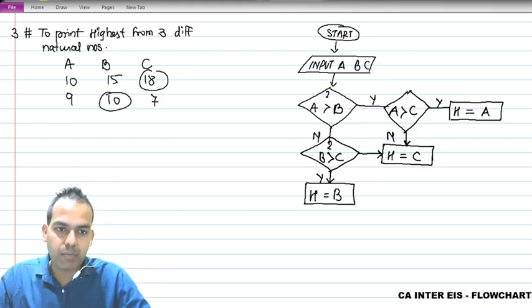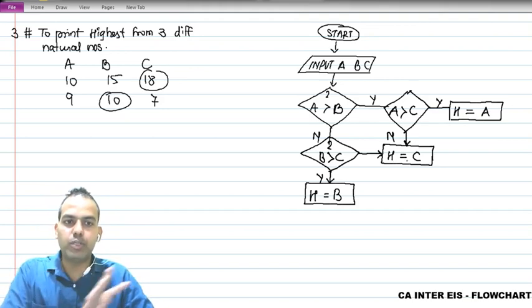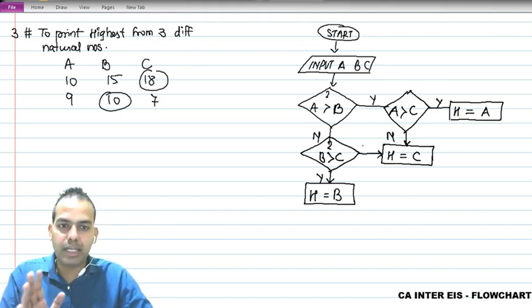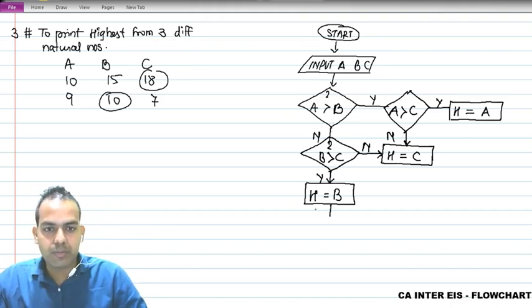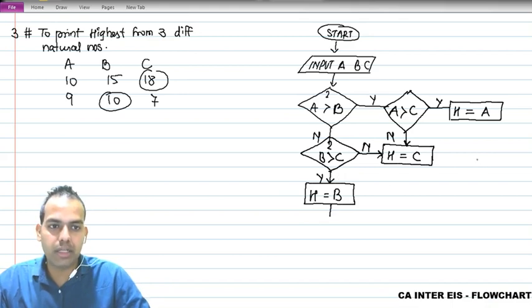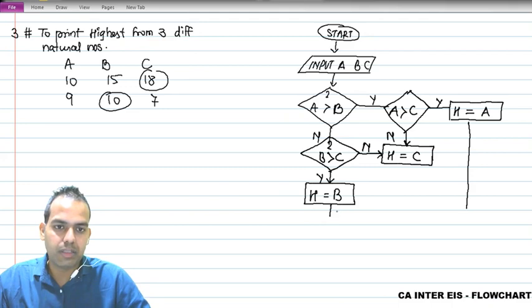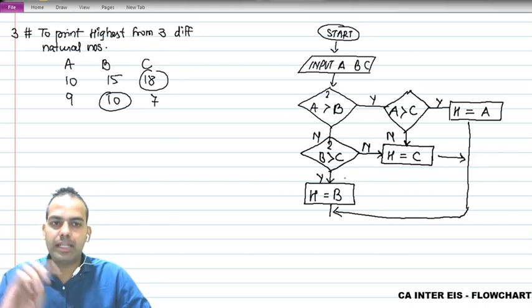So I have smartly put H is equal to C here, so that in both cases it will directly come this side. So now H can come by either of the routes. There are three routes. It can come one way. So I have to take this down. We can see here it can come either way.